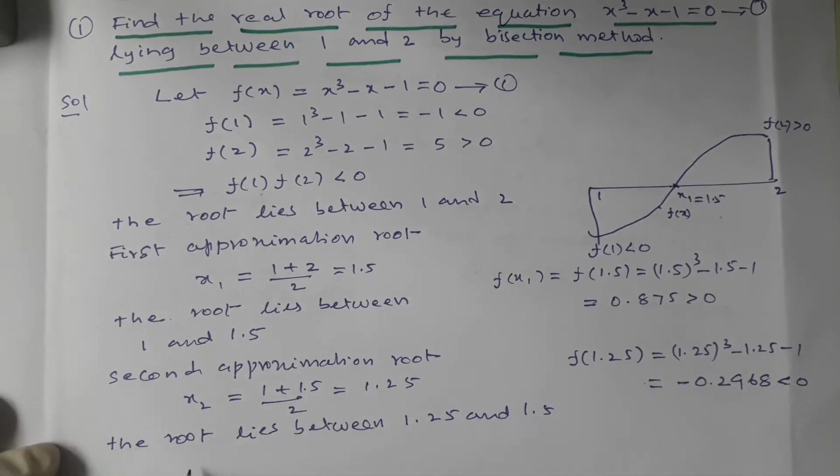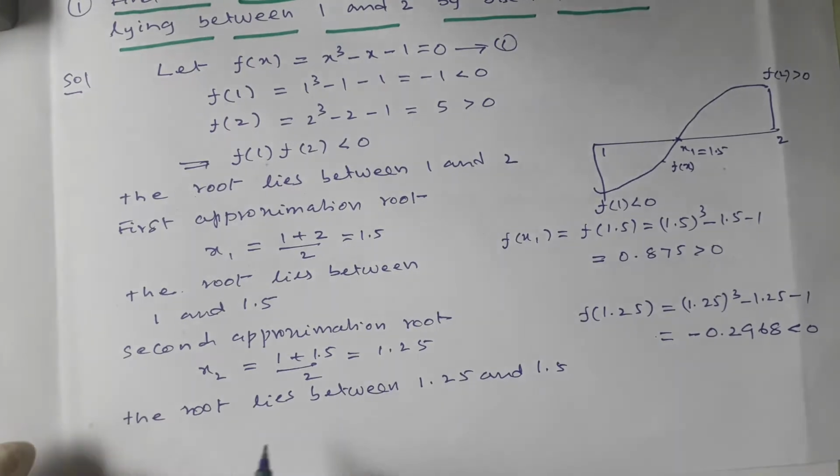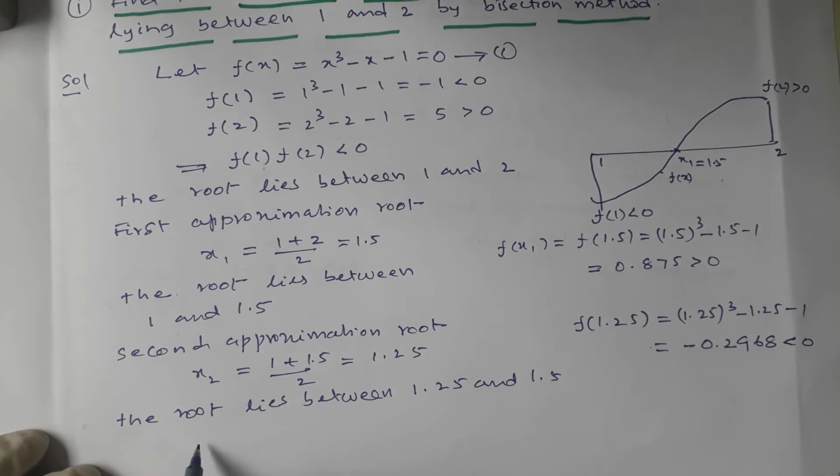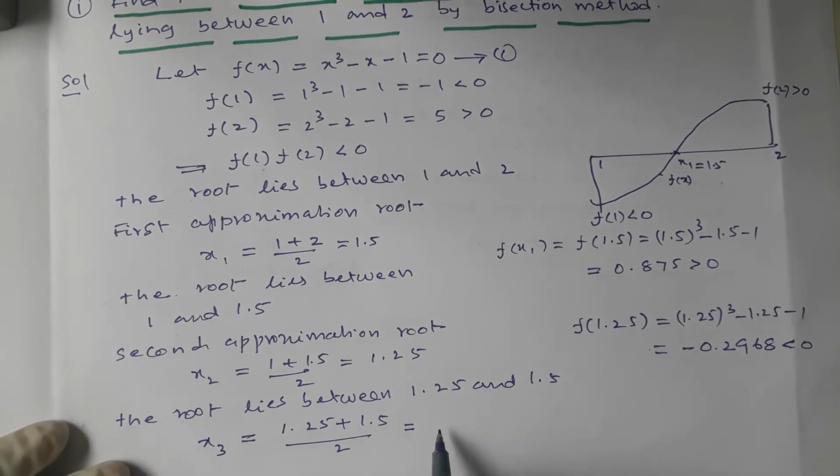So the third approximation root, x3, is equal to 1.25 plus 1.5 divided by 2, which is equal to 1.375.